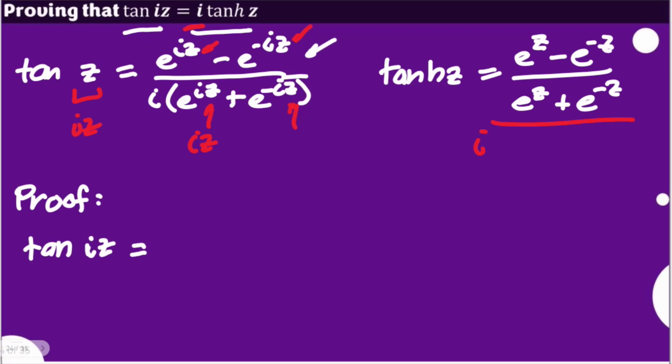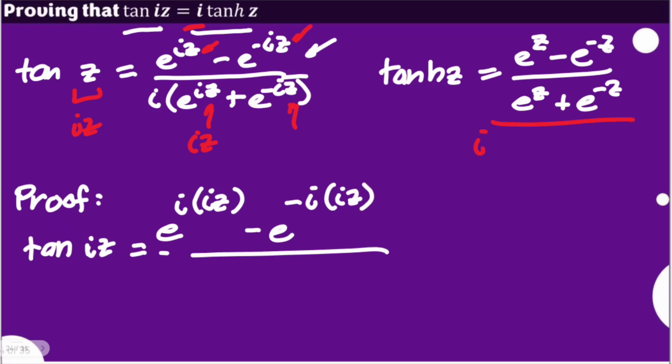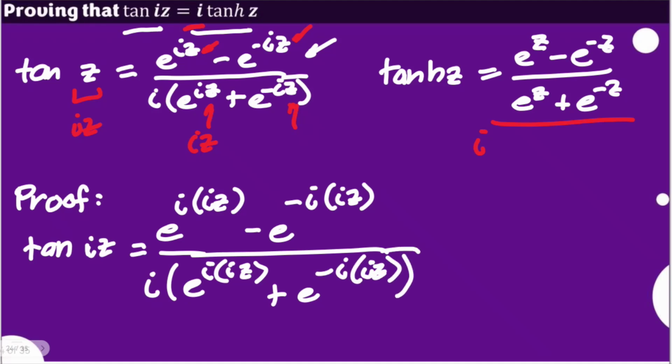This will be equivalent to e to the power of i times iz minus e to the power of negative i times iz, over, you have another i factor here, e to the power of i times iz plus e to the power of negative i times iz. Okay, so that's the form here. Again, we're changing all z's into iz.